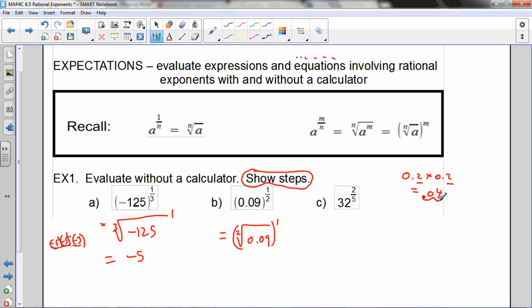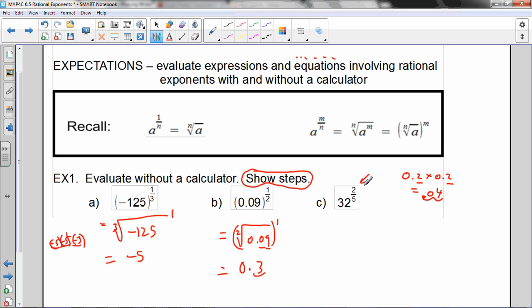Now, thinking the other way, every 2 decimal places underneath the root leads to 1 decimal place outside. So I'm going to have one decimal place outside. I just have to figure out what the square root of 9 is, and it's 3. Square root of 0.09 is 0.3. Check it on your calculator.